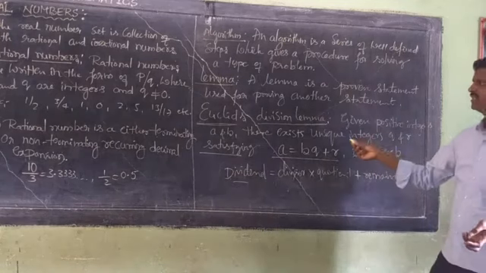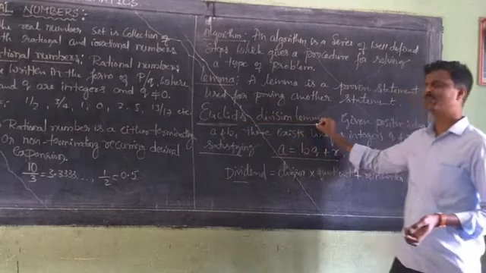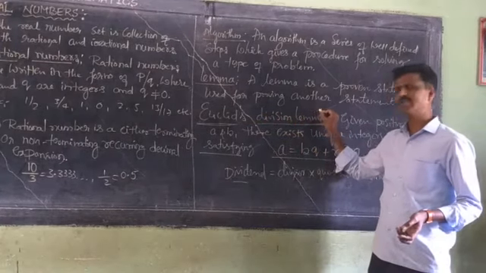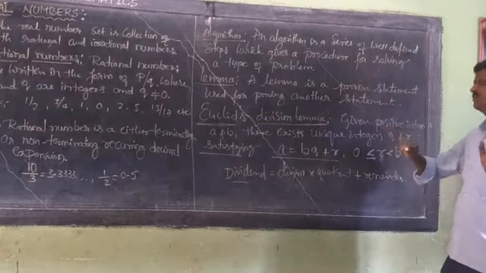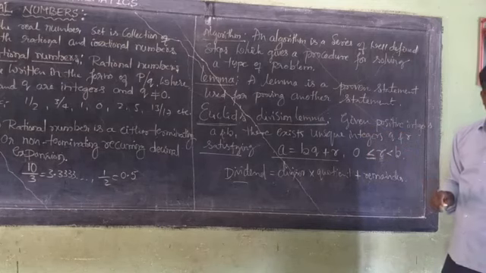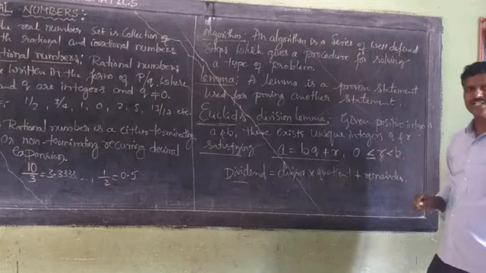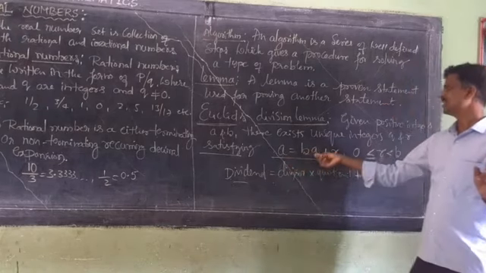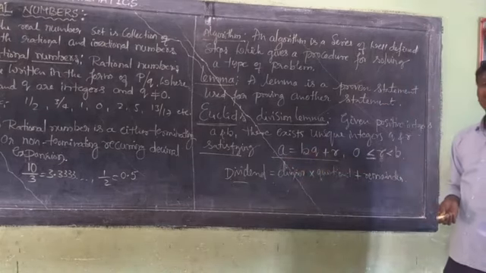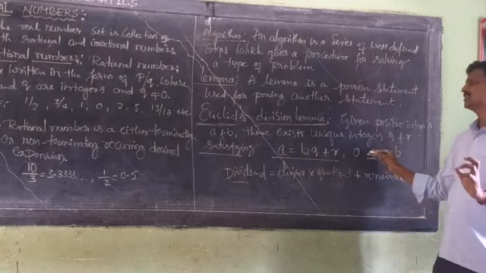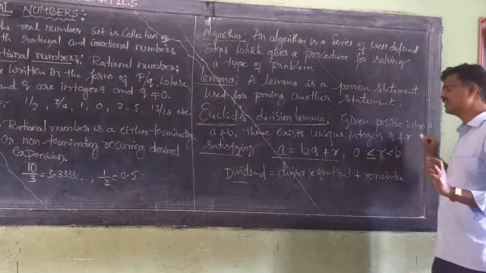This is called Euclid's division lemma. What is Euclid's division lemma? Given two positive integers a and b, there exist unique integers q and r satisfying the equation a is equal to b into q plus r, where 0 is less than or equal to r, and r is less than b.